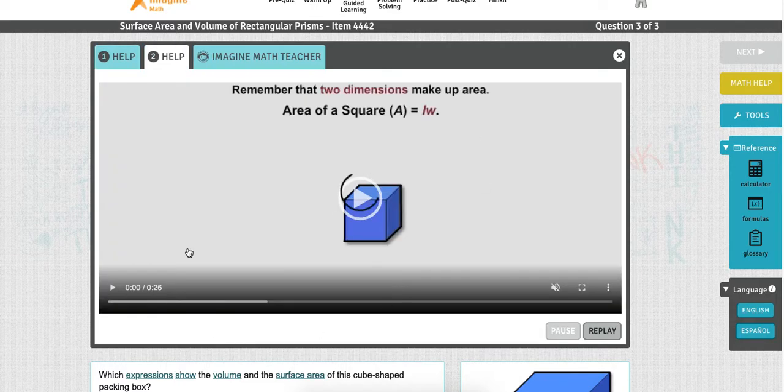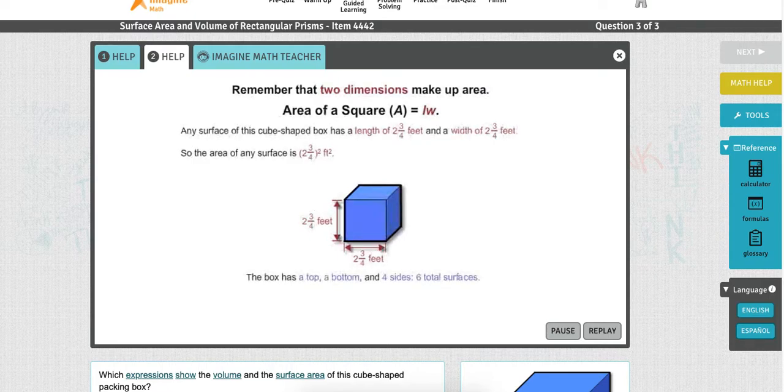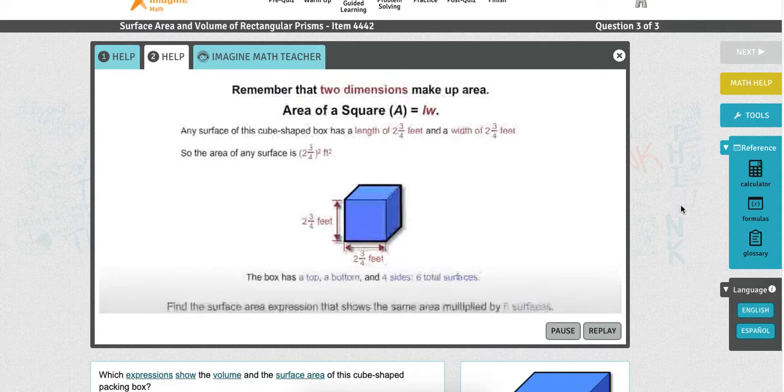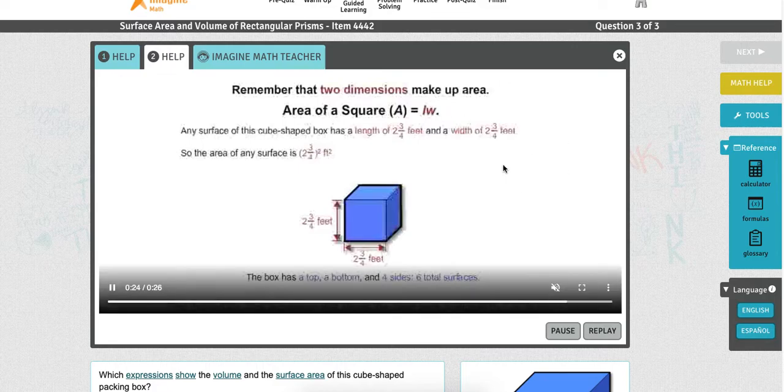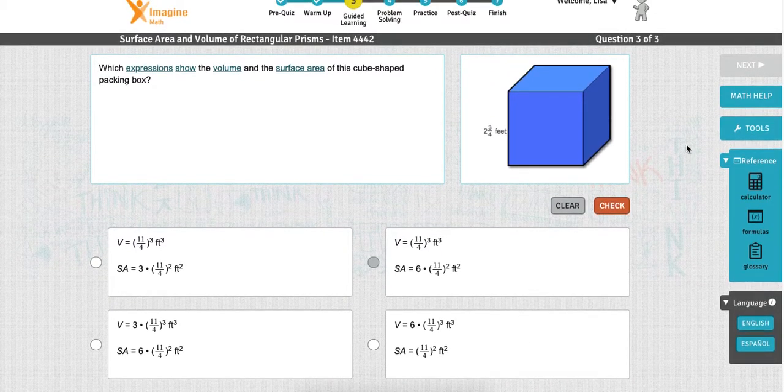Okay, and if that still doesn't make sense, you go on to this one that's talking about the surface area specifically, which is length times width.